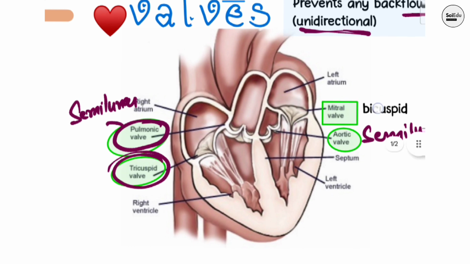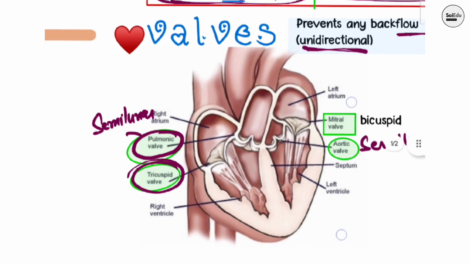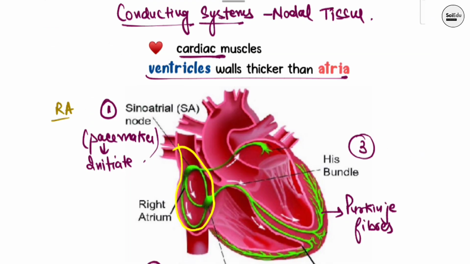The openings of the right and the left ventricles into the pulmonary artery and the aorta respectively are provided with the semilunar valves. The valves in the heart allow the flow of blood only in one direction, i.e. from the atria to the ventricles and from the ventricles to the pulmonary artery or aorta. These valves prevent any backward flow.